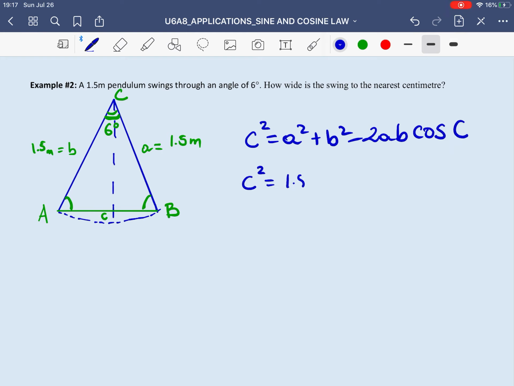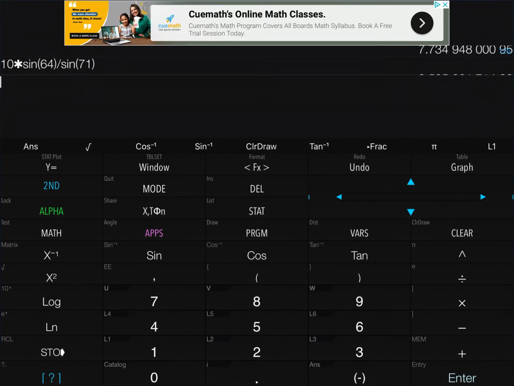Substitute all the numbers. We have 1.5 squared plus 1.5 squared minus twice 1.5 cosine of 6. And it's a fairly easy calculation to do in your calculator in one step. So here we go.